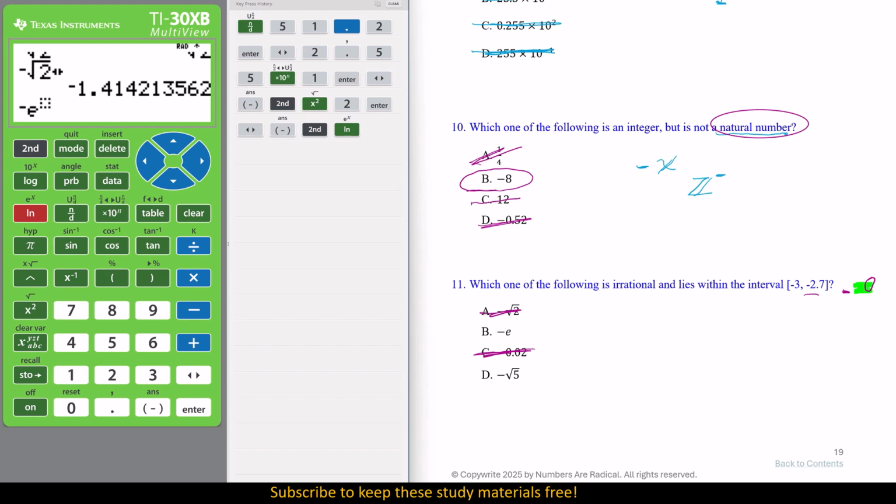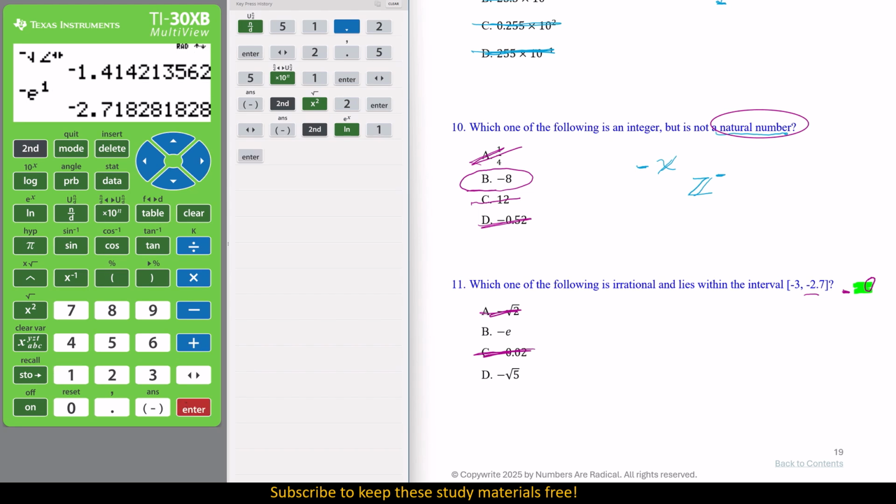We just want the E on its own, so just put in the 1, and that becomes the E on its own. Now, that is Euler's E, and it has an actual decimal value. So let's push enter. Oh, goodness. And it is just a teeny tiny bit more negative than the 2.7.